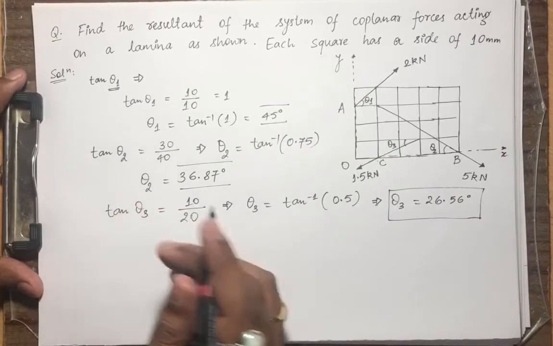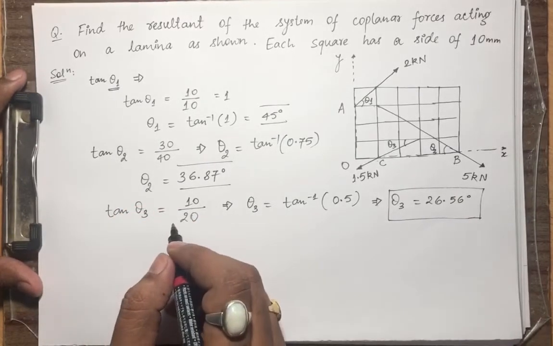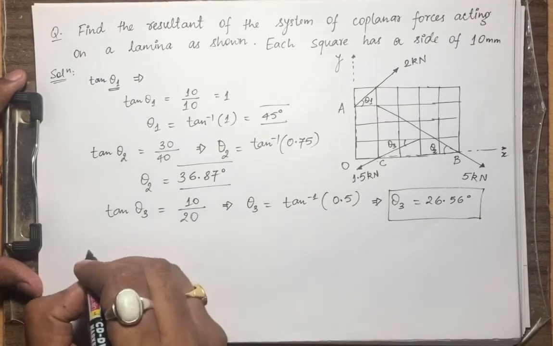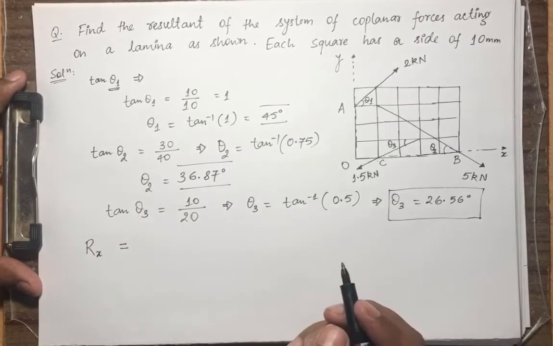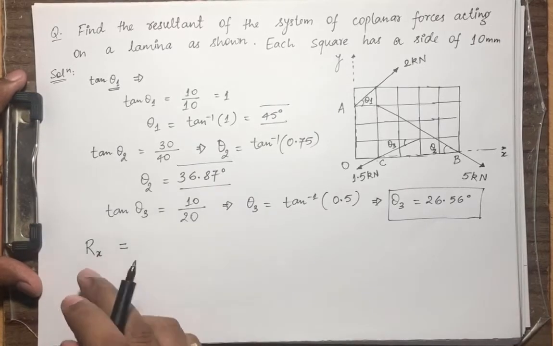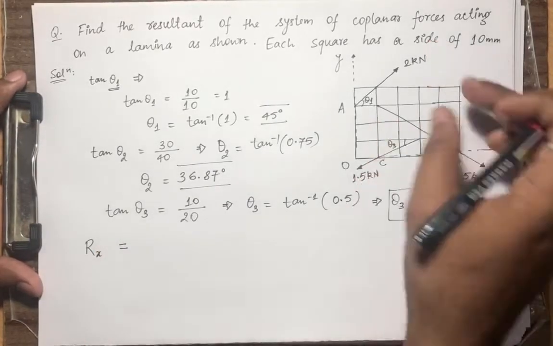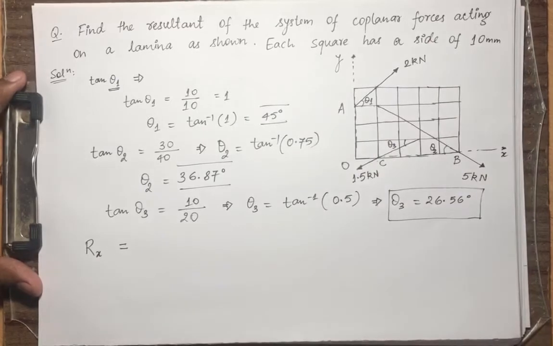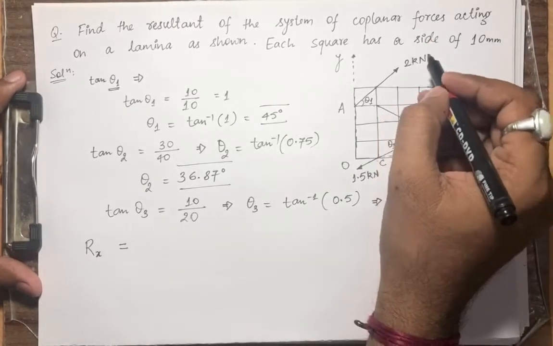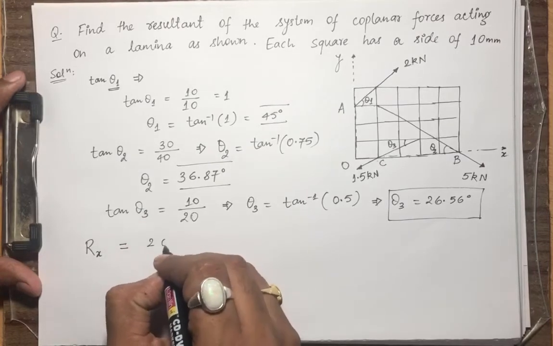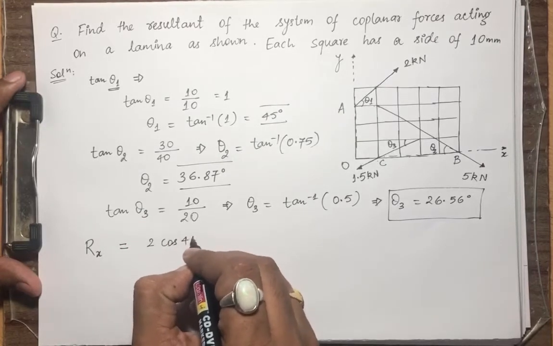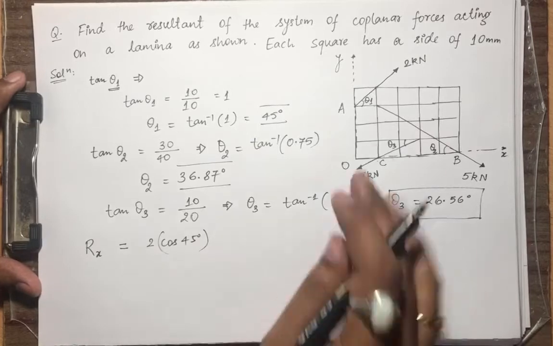So let our resultant be R and the x component of that resultant be Rx. This Rx will be equal to the sum of the x components of all these forces. The x component of 2 kilonewton will be 2 cos 45.